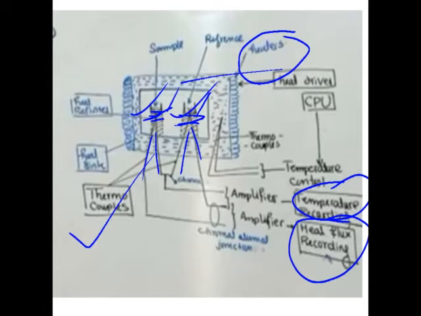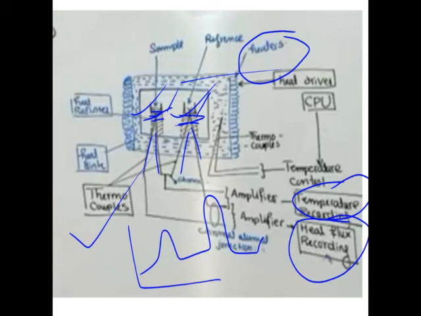The recorder gives the results in the form of a graph. Depending upon the exothermic or endothermic reaction, we come to know through this recorder how much heat is absorbed or released, and whether it is endothermic or exothermic.